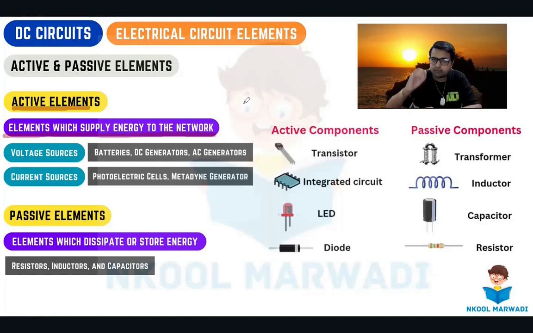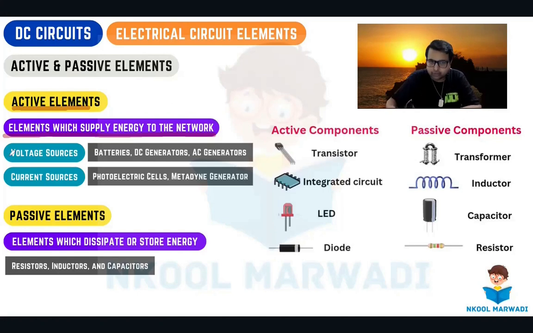Like switches: a switch just provides a passage, so a switch will never consume energy. So all those elements which can either create energy or just help in the passage of electrical energy, which will never consume electrical energy, are active components.